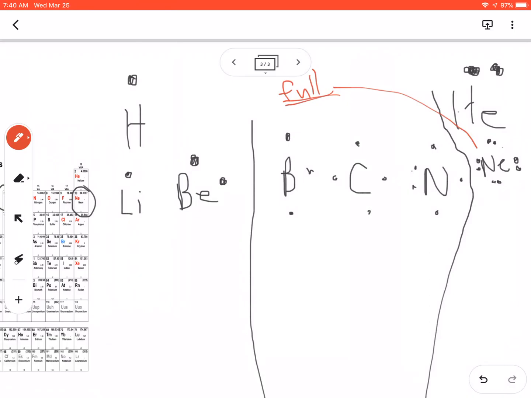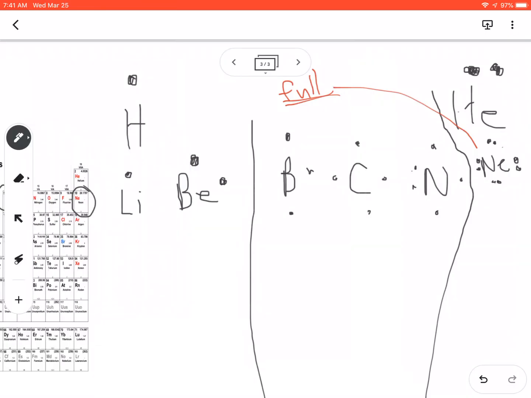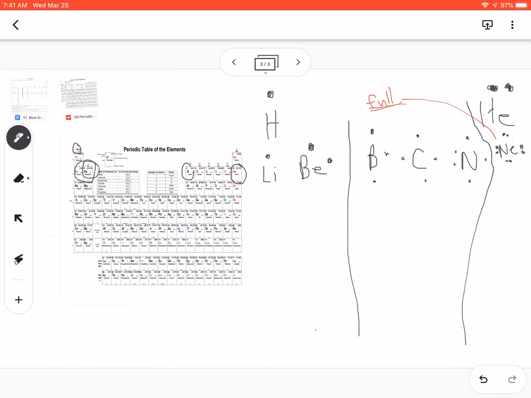Now this means that we can now draw the Lewis diagram for anything in any of the groups. All right, so let's zoom back out here a little bit, and let's take a look. Let's say that we wanted to draw a Lewis diagram for something like germanium, Ge, germanium. Notice it's under the carbon. It's in group 4, which means it will be drawn just like carbon.